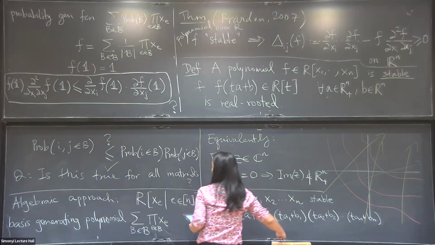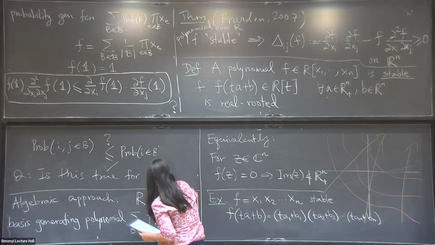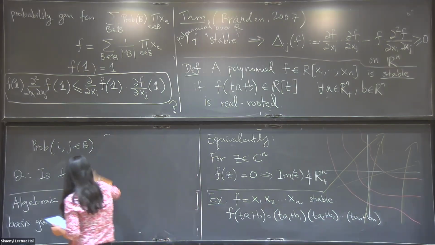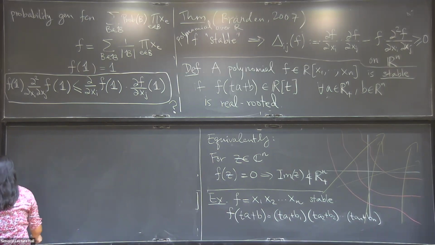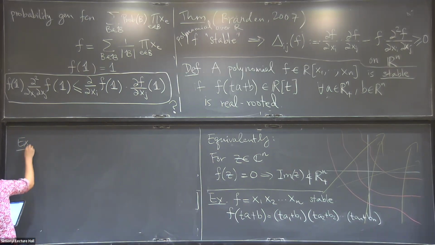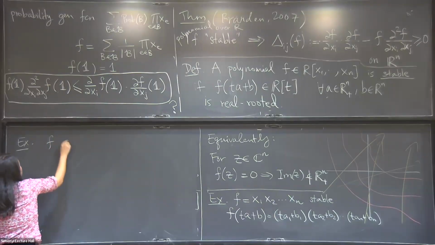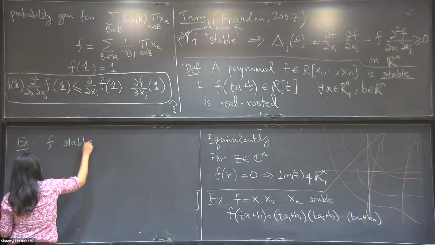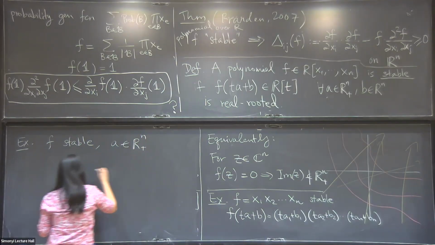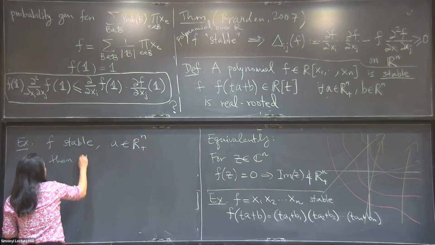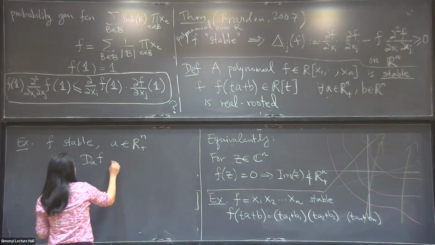Another nice operation that you can do: if f is stable and a is in the positive direction, then the directional derivative is also stable.